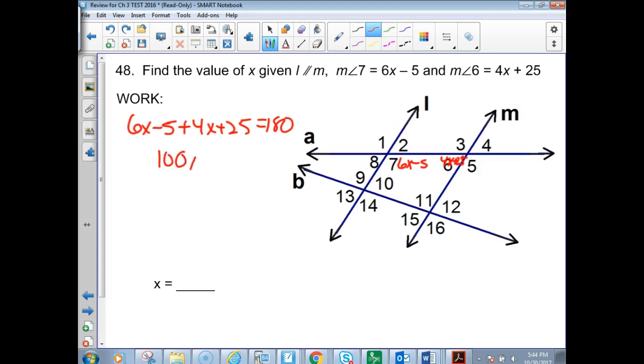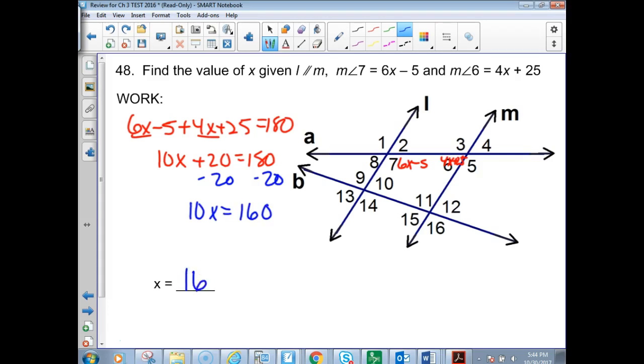That's 10x, adding the like terms, and then negative 5 and 25, we have plus 20 equals 180. Subtract 20 from both sides. We get 10 times x is 160. Divide by 10 and we get x equals 16.